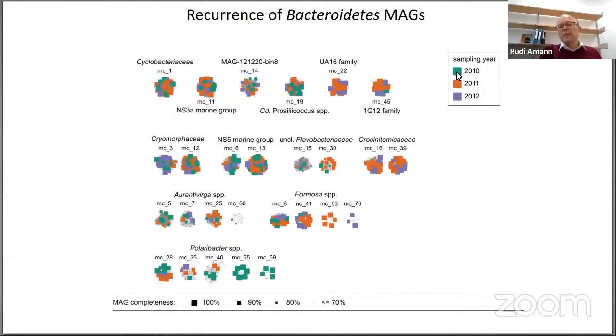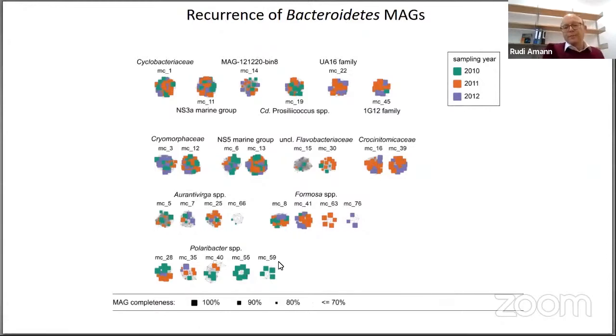That color coding, green, red, blue, is for the Cyclobacteria, but also for the Cryomorphaceae, also for the Aurantivirga, indicating that most often they occur in every year. Other groups like this particular Polaribacter were only found in 2010 and not detected as dominant ones. It will certainly be present, but it was not a dominant one in 2011 and 12.